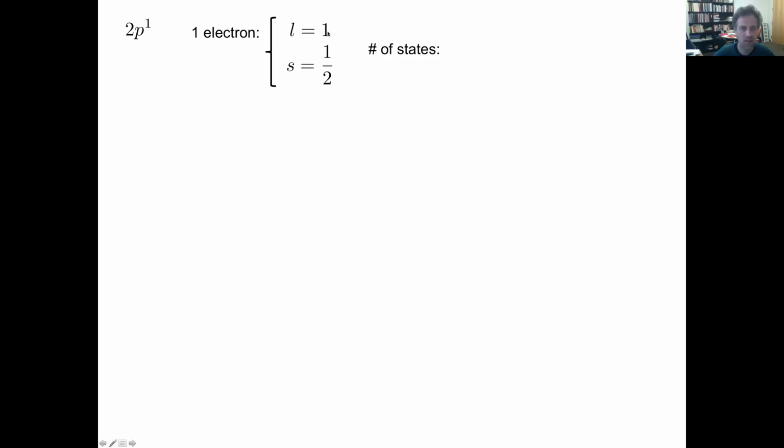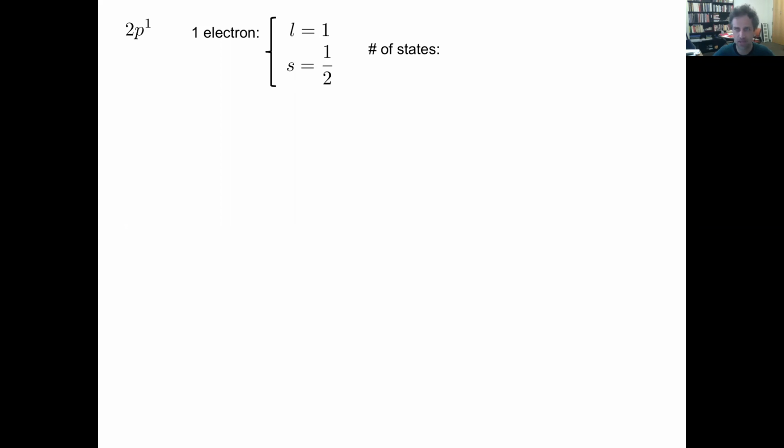So what is the number of states this electron can sit in? This may be confusing to you, but let me bring this home. Let me first do it in a very abstract way and then tell you how you can think about this. The number of states in which this single electron can sit depends on the number of options it has in terms of L and the number of options it has in terms of S. In terms of L, as we know, there are 3 possibilities because it has ML states.